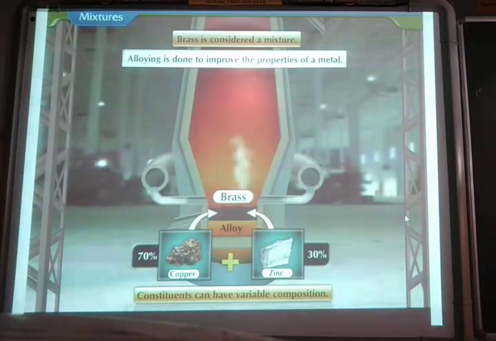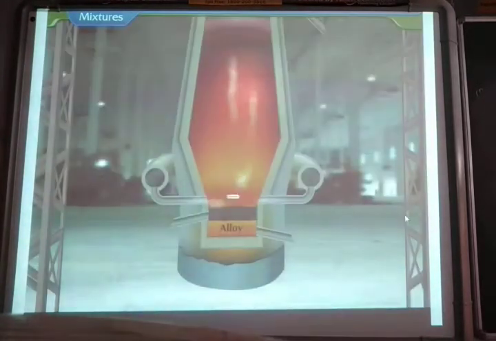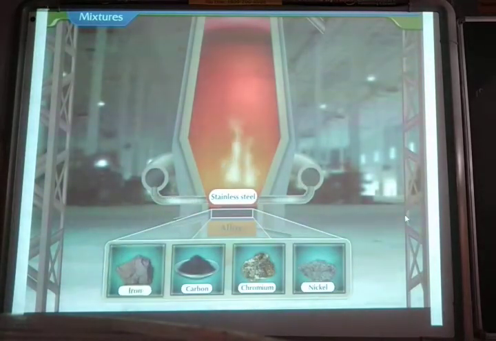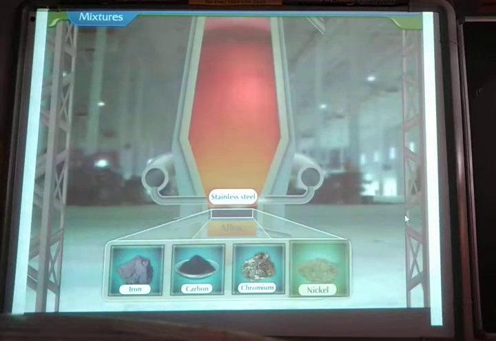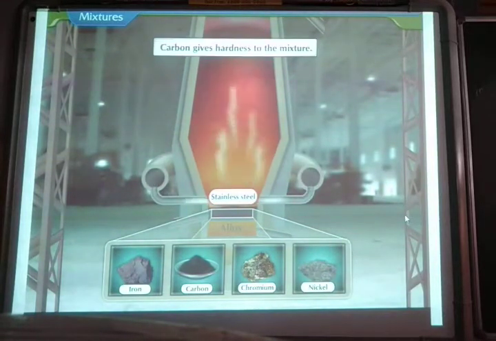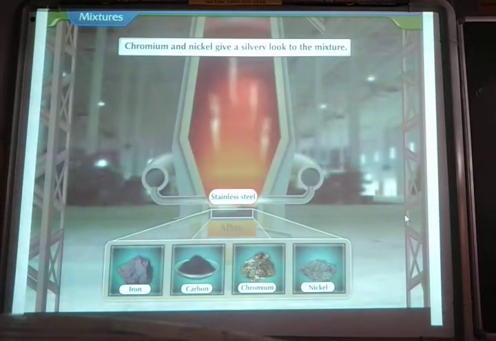Alloying is done to improve the properties of a metal. Stainless steel is an alloy of iron, carbon, chromium and nickel. Carbon gives hardness to the mixture, while chromium and nickel give a silvery look to the mixture.